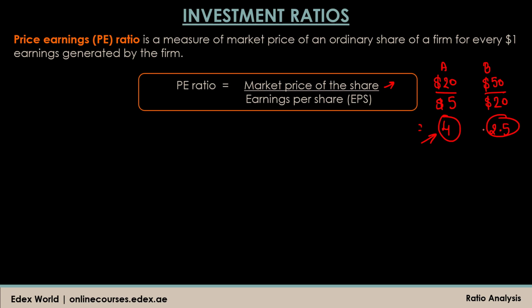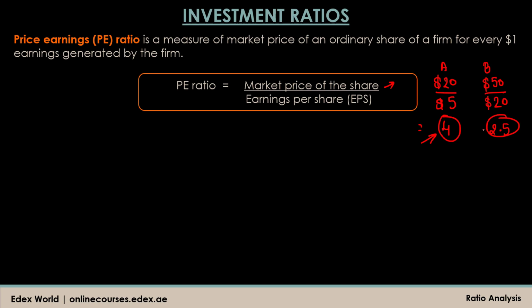From an investment point of view, it doesn't matter who helps you earn that $1, whether firm A or firm B, but you will be looking at what price are you paying to get that $1 from any firm. So overall speaking, PE ratio tells you how expensive the price of the share is for any firm. So looking at this, you might conclude that, okay, if the PE ratio of a firm is lower compared to some other firm, it is better and we should invest in that firm.